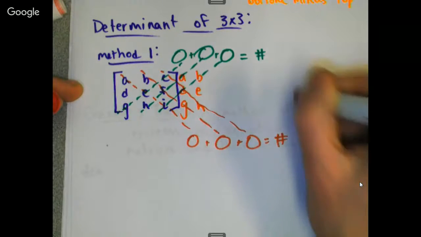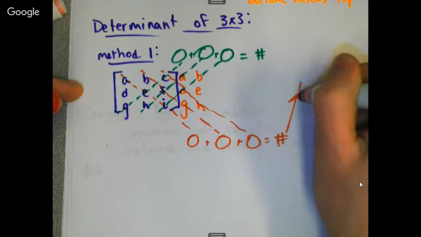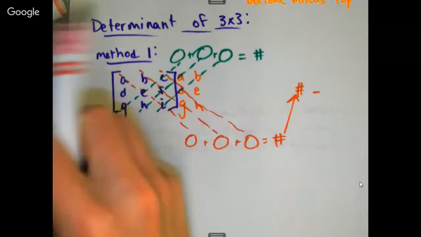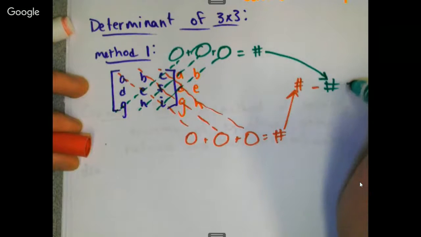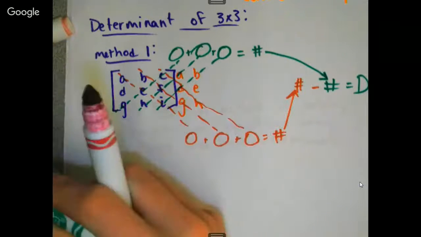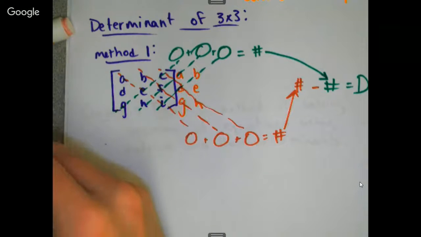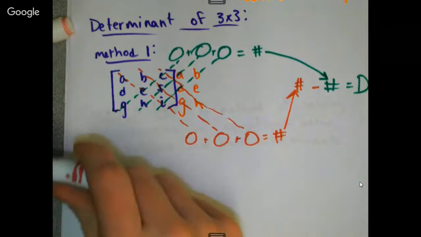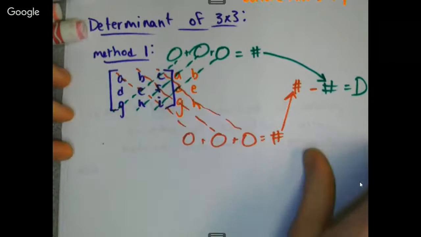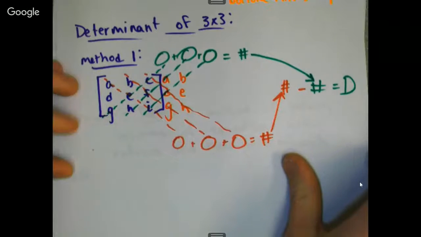So we'll take bottom, which is this number, minus the top number here to get our determinant. Okay. So that's kind of the easier, or maybe quicker, way of doing this, but sometimes you do get really large numbers when doing that.